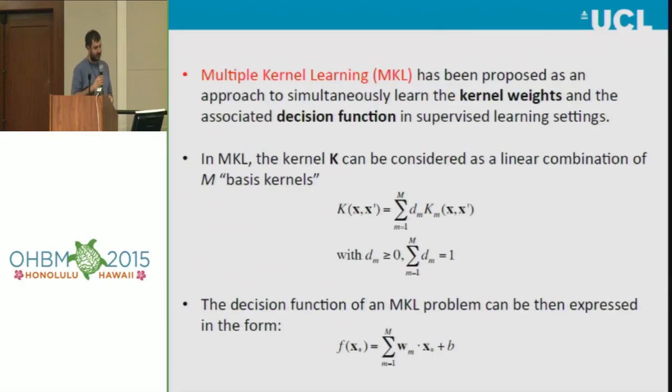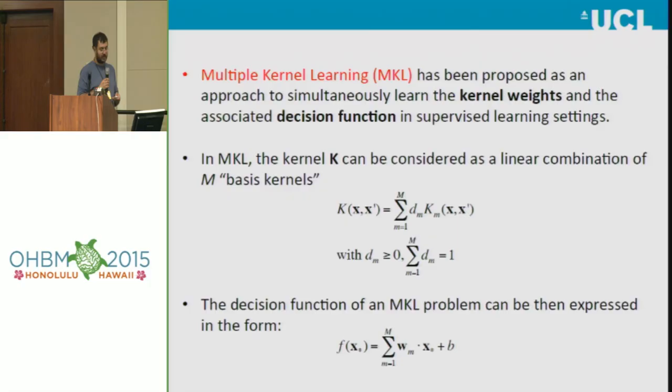Multiple kernel learning has been proposed as an approach to do this, and what it does is simultaneously learn a set of kernel weights, so how useful, in a sense, each modality is in the prediction function, and the associated decision function in a supervised learning setting. In MKL, you can consider the kernel to be a linear combination of a number of basis kernels. Here K is expressed as a sum over big M kernels, and it's a weighted sum.